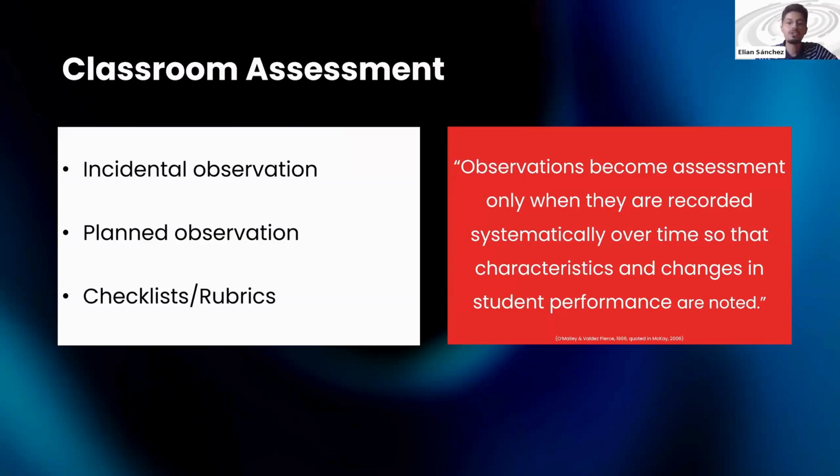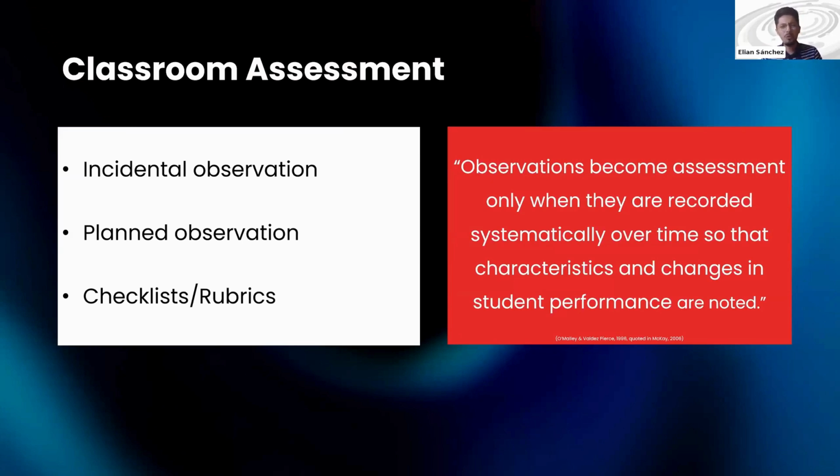Observations become assessment only when they are recorded systematically over time so that we can track students' progress. We're not only checking a score at the end, but we can see how they are advancing, and their performance is actually noted. We move from random observation and random judgment to planning ahead and really knowing what we are aiming for with our students.